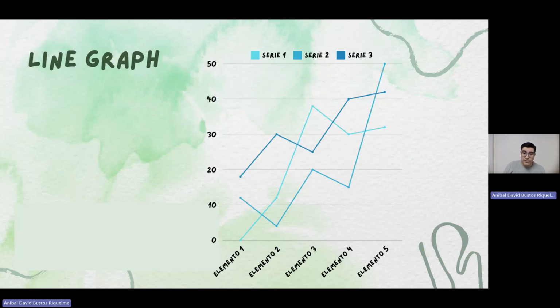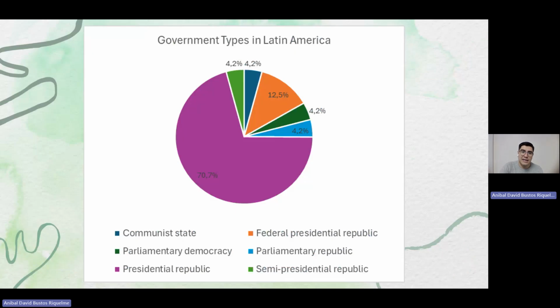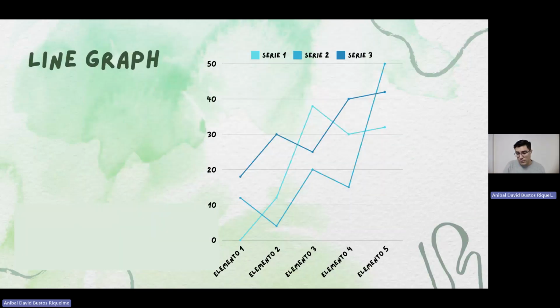We have the line graph in which we establish small points depending on the different areas, and then we draw lines. And of course, we cannot do much of this without using it as an example.